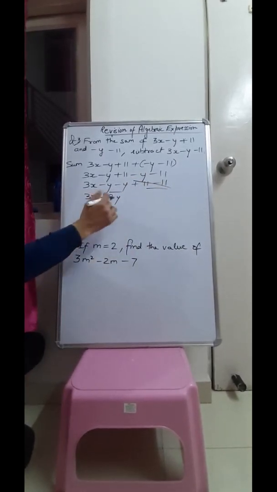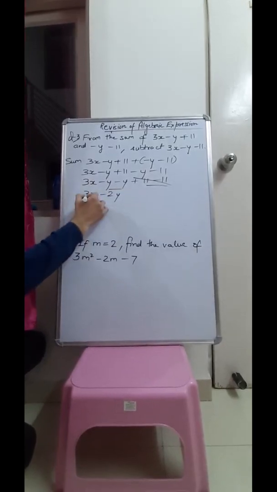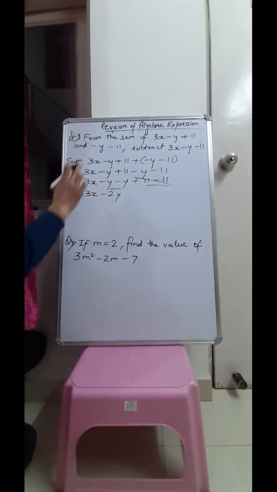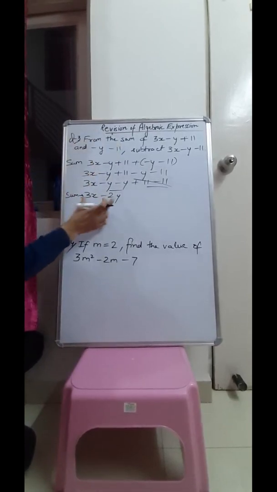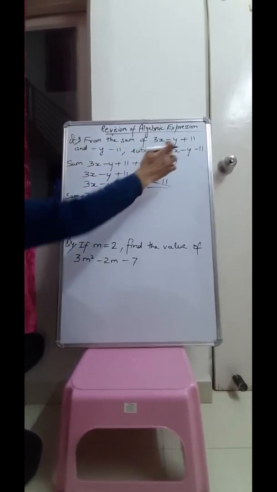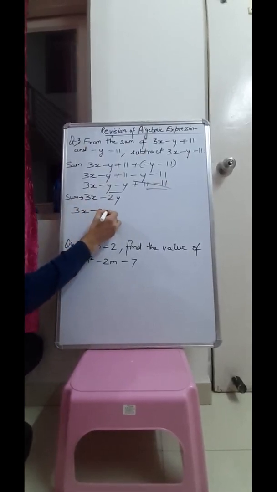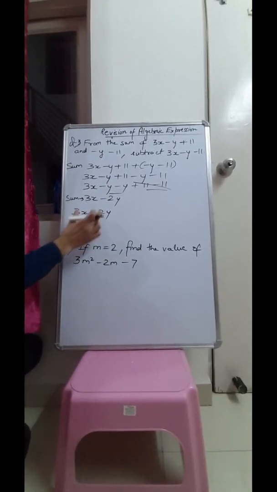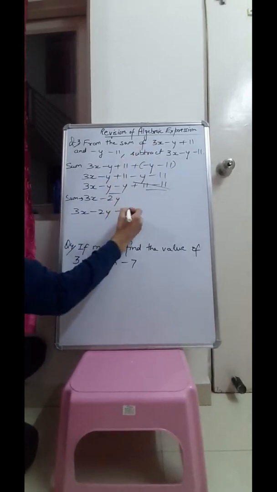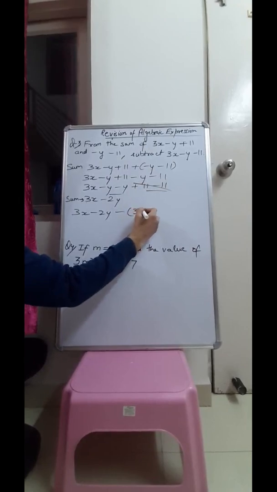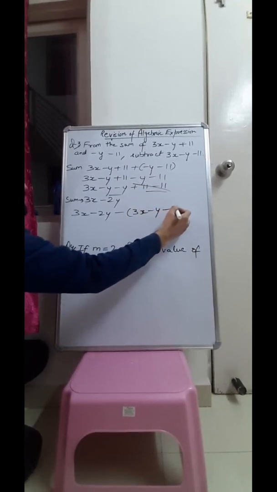So this is your sum of two expressions, and now we have been told that from the sum, we have to subtract the last one. So this sum will come first, 3x minus 2y, and from this we have to subtract, which means minus, and the whole expression will come in a bracket: 3x minus y minus 11.